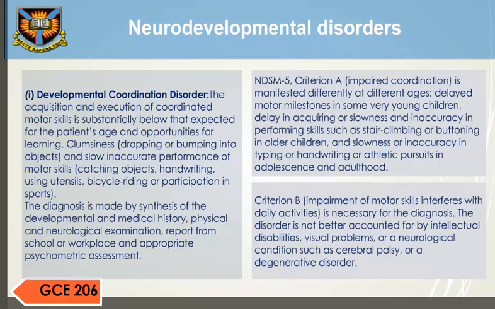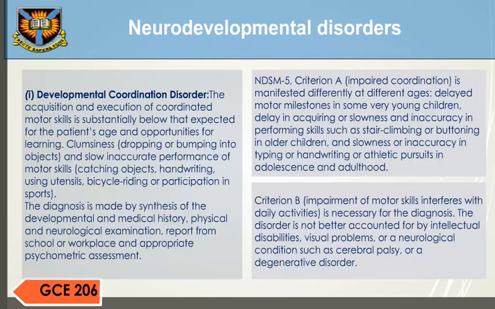The diagnosis is made by synthesis of the developmental and medical history, physical and neurological examination, report from school or workplace, and appropriate psychometric assessment. DSM-5 Criterion A. Impaired coordination is manifested differently at different ages.